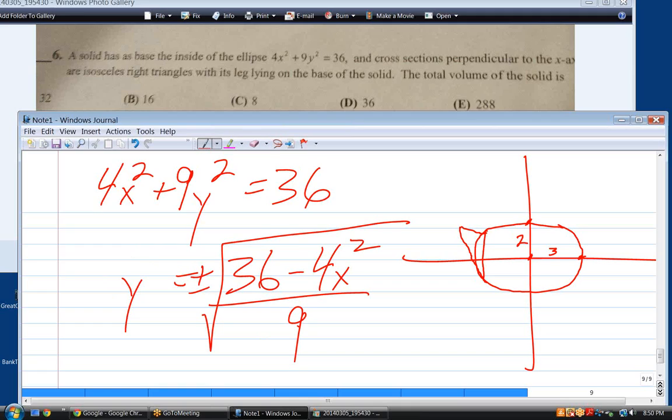We're going to take the plus side, which would be the distance from here to there, and that's going to be half our base. So our base is going to be 2 times this.